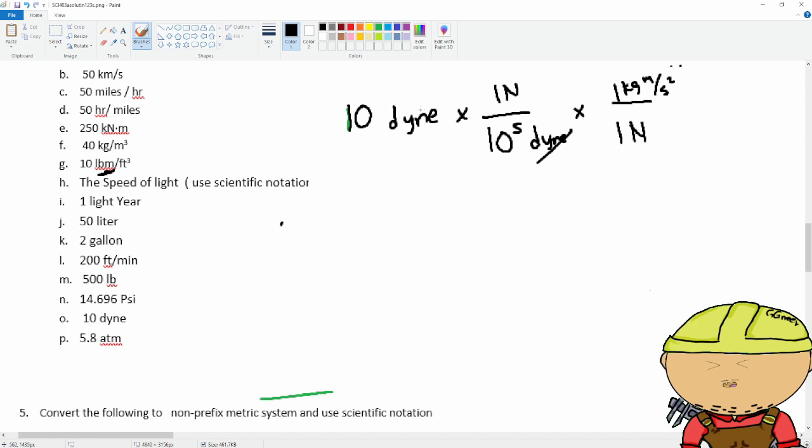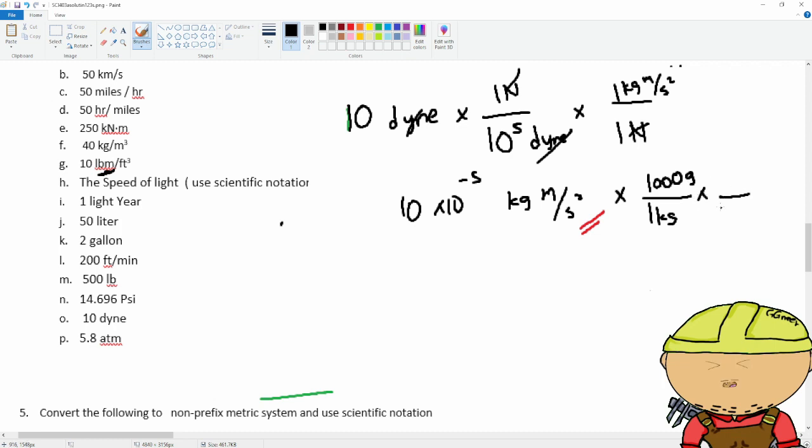Okay, cancel dyne, cancel Newton, and that will become 10 times 10 to the negative 5 kilogram meter per second squared. And that is already MKS. Let's convert that to CGS. Times 1 kilogram or 1,000 gram on the top, then 1 meter is 100 centimeter.